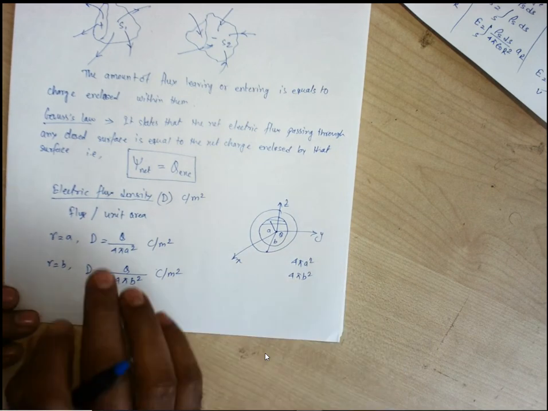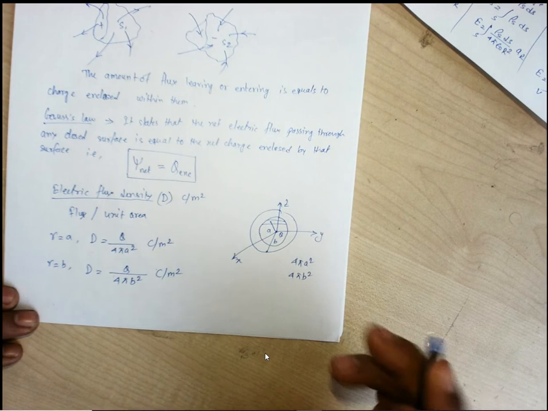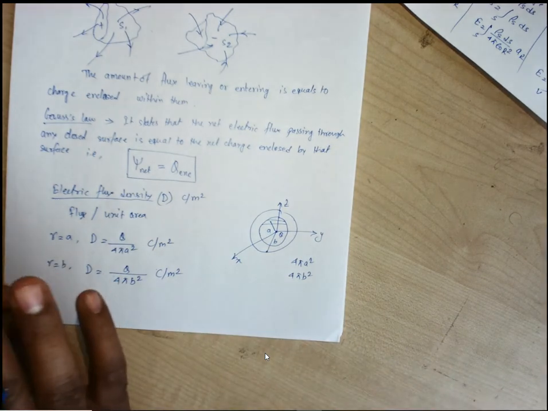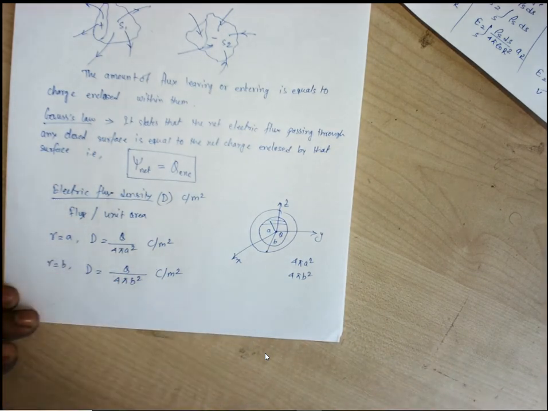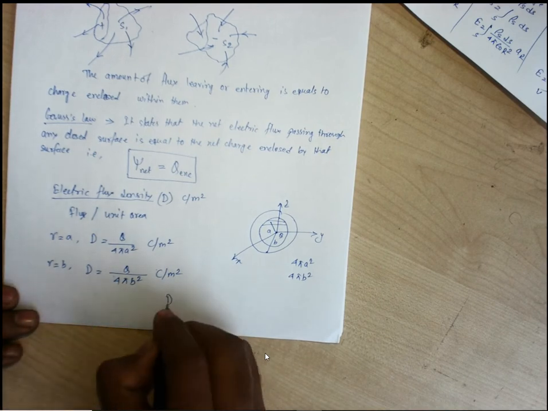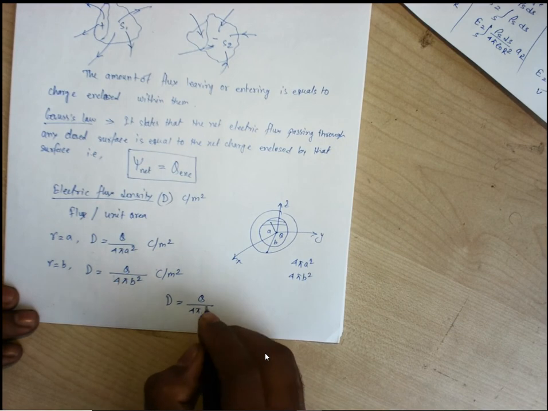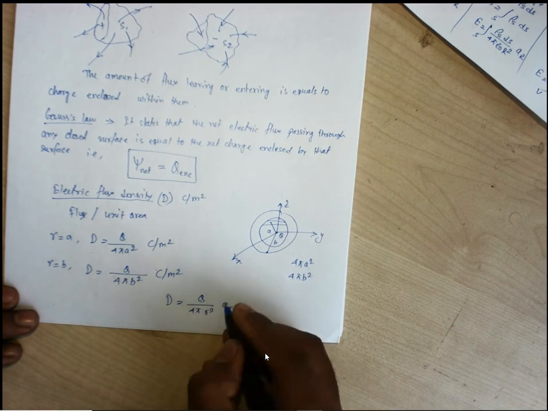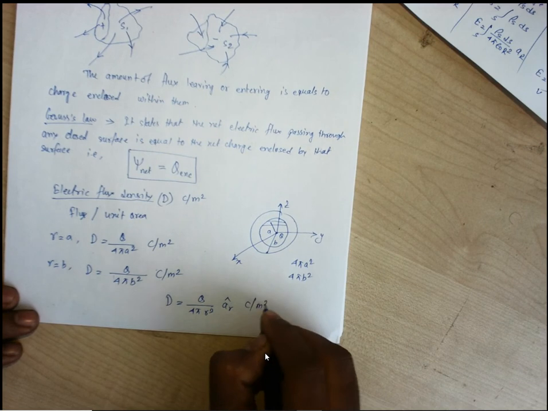So if this is for the specific case where we have taken the radius a or b, for any arbitrary direction and any arbitrary radius, then for the most general case what we can write is that D equals Q by 4 pi R square in the direction of the radial vector, that is a_R, coulomb per meter square.